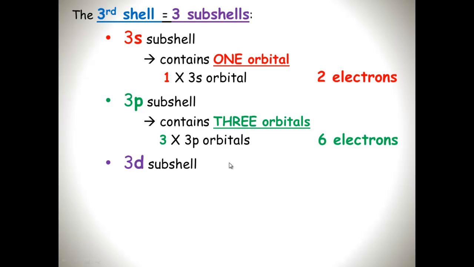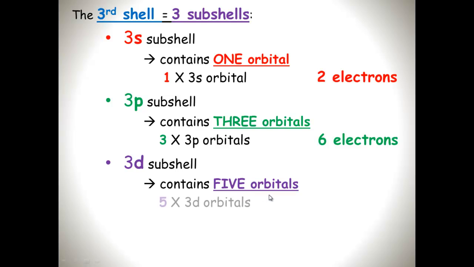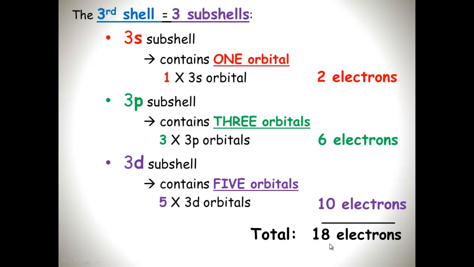And we've got the 3d subshell. It contains 5 orbitals, so thus we have 10 electrons. So this gives us a total of 10 plus 6 plus 2, which is 18 electrons. And again, this fits in with our maximum rule. This will work for any of the shells if you work them out like this.